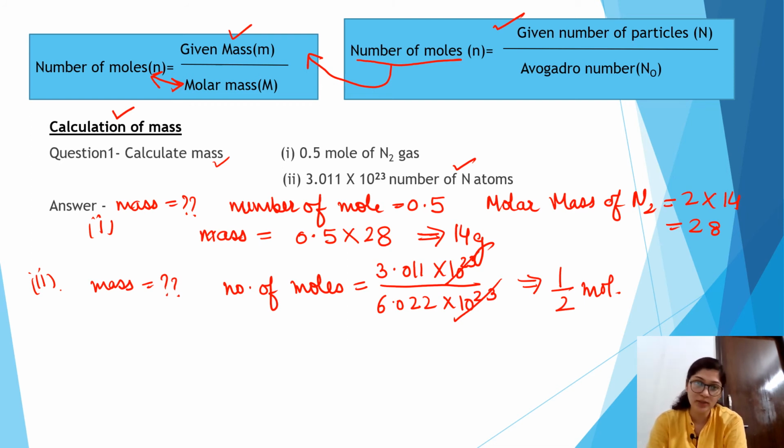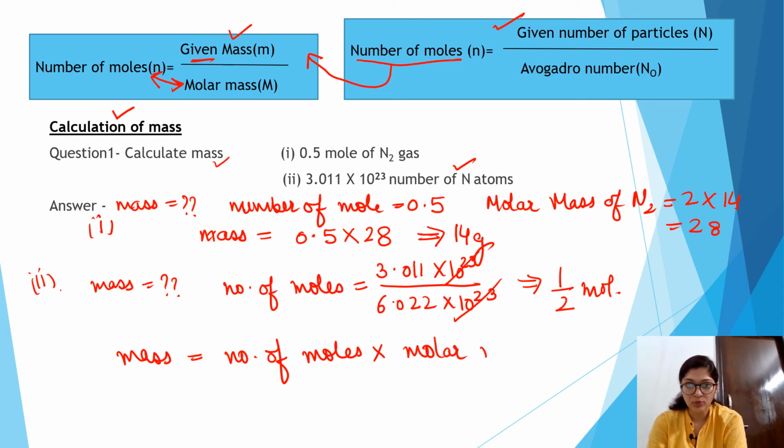This is the mole we have calculated. Now if we know the number of mole, then we can easily calculate the mass. So mass can be calculated if the number of mole is known to us, multiplied by molar mass of nitrogen atom.